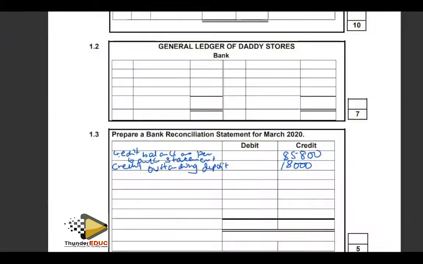In other words, the bank was supposed to record this amount for us and they never recorded it, so we have to assist them to record it. So it was 18,000, okay. Just a moment.